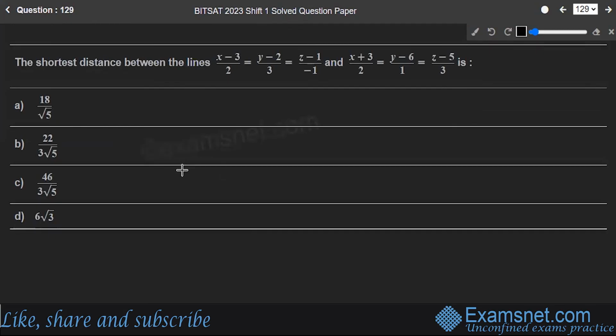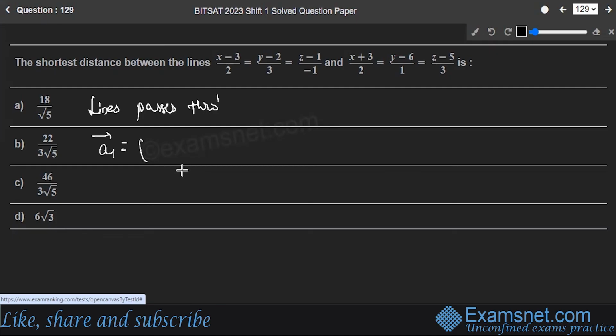The shortest distance between these lines is... So you are given the equation of the lines. See, the lines pass through these points. If I take out the points, the lines pass through the A1 vector, which is (3, 2, 1), and the A2 vector as (-3, 6, 5).